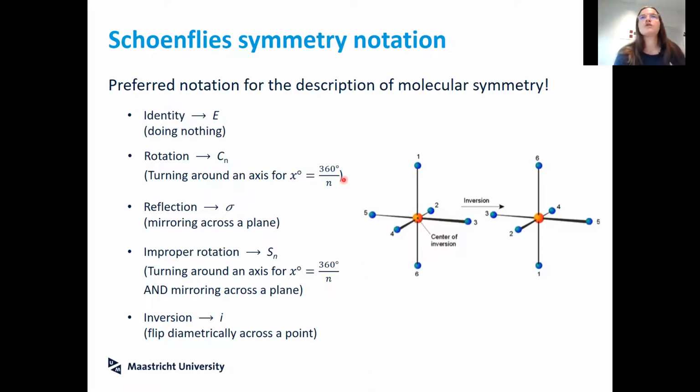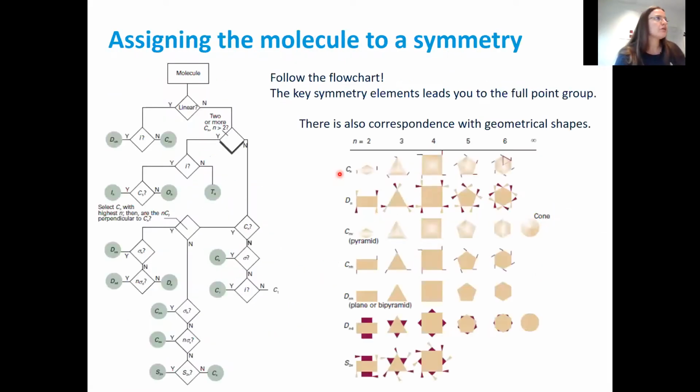Now, do we need to constantly derive everything that we find in a molecule? Not really. We assign the symmetry to a molecule by combing through the possible features that we see. So you only need the most prominent, the others will follow. You usually follow a flowchart. All the key symmetry elements are noted here.